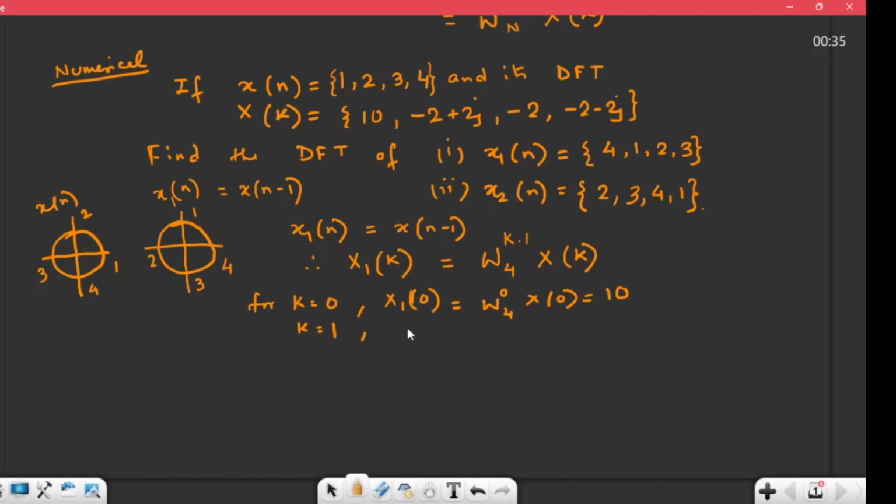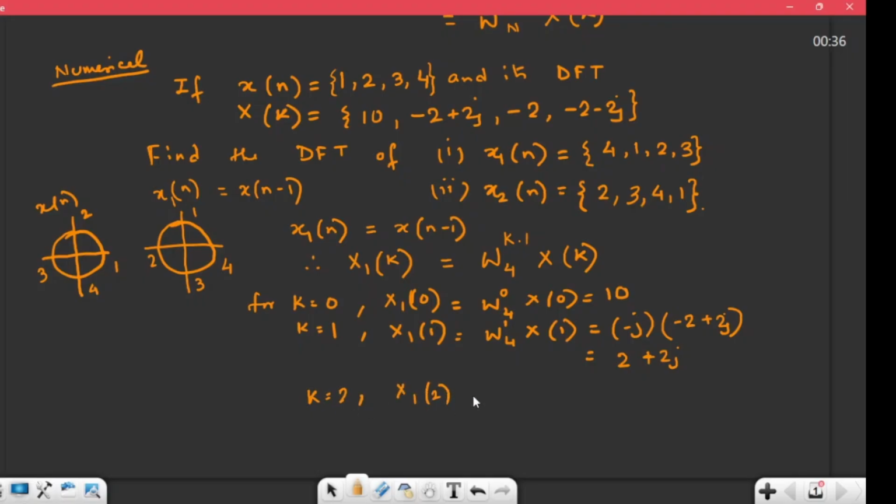For k equal to 1, X1(1) is W4^1 X(1), W4^1 is minus j, into minus 2 plus 2j, which is plus 2j and minus 2j square, so plus 2.